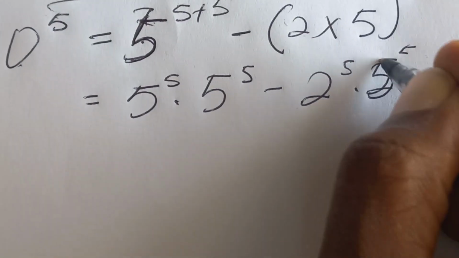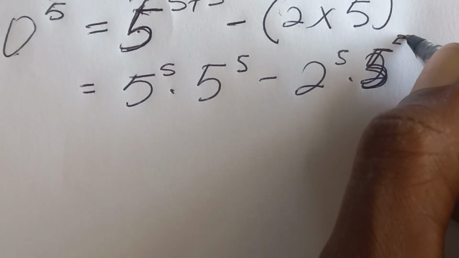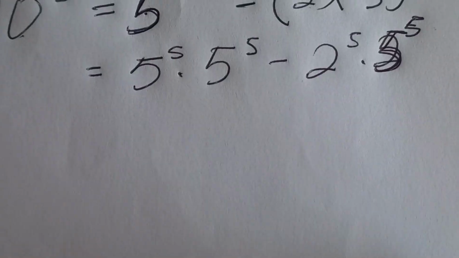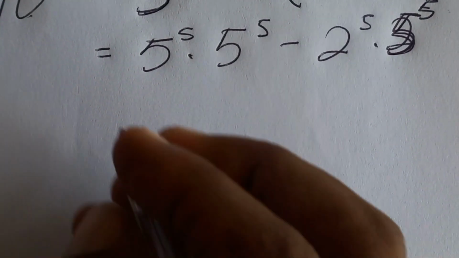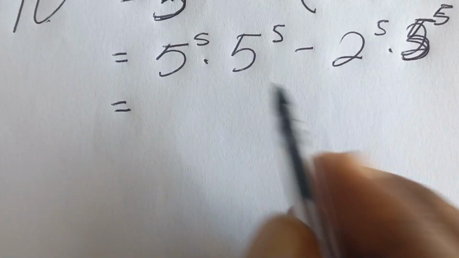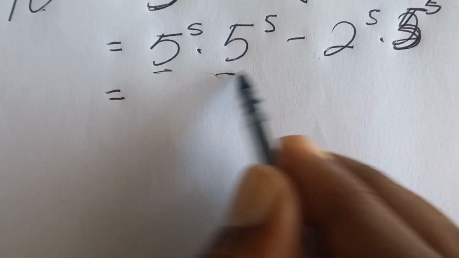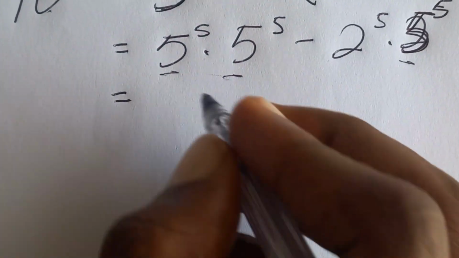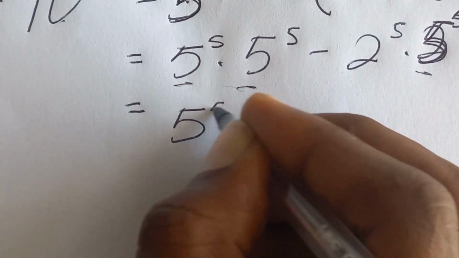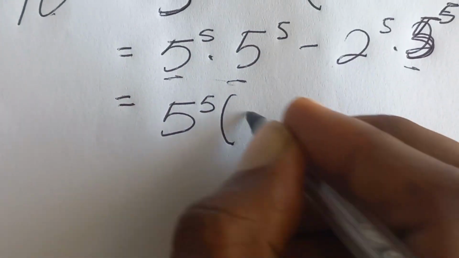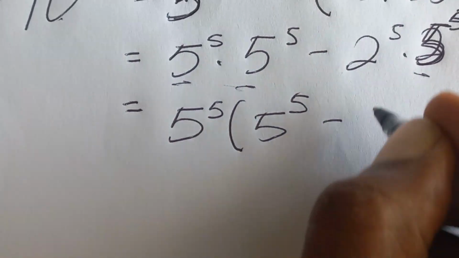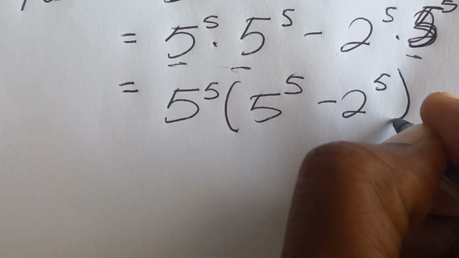Now we have common terms, so we can take 5 exponent 5 outside, leaving 5 exponent 5 minus 2 exponent 5.